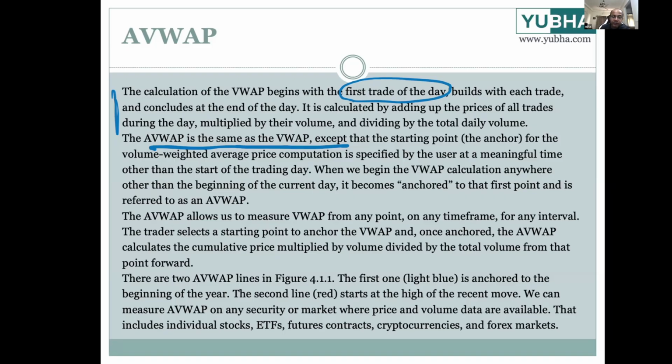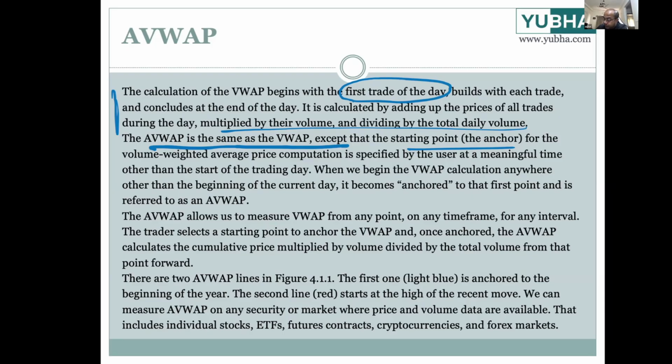So, really, what anchored VWAP does is that you can choose the starting point of where your anchor will be, and based on that, the calculation would be the same. Okay, all the prices and the volumes that are being traded at specific prices would be multiplied, and it will be divided by the volume for that particular period.